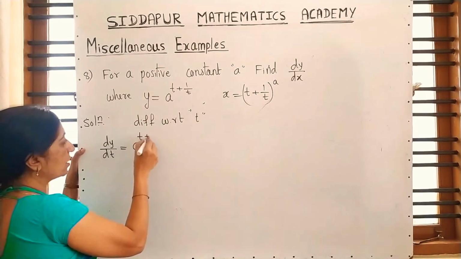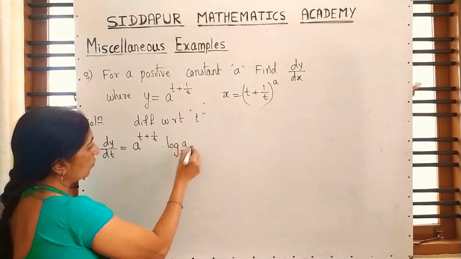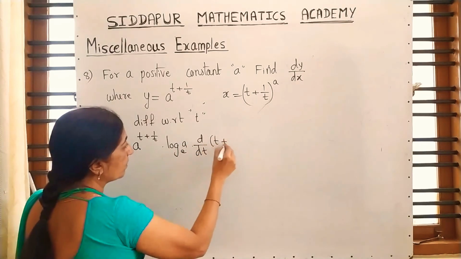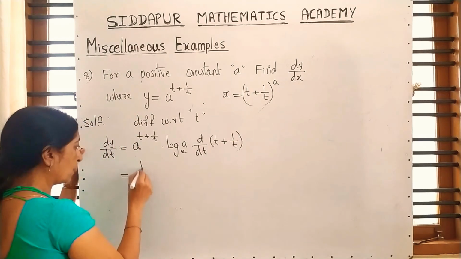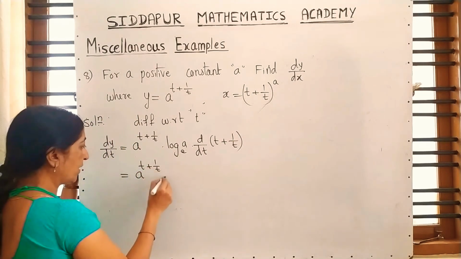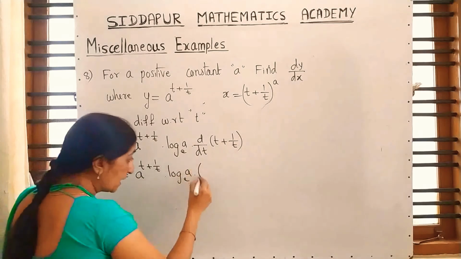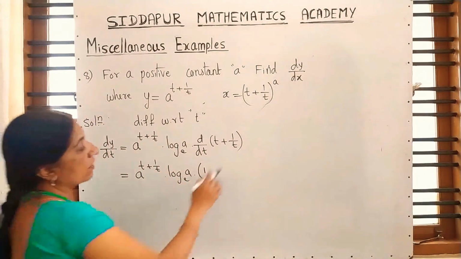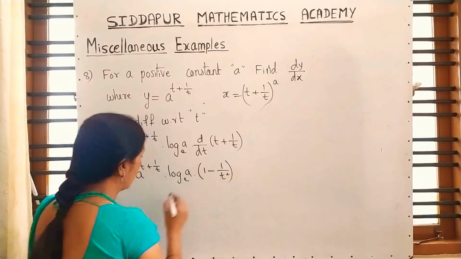A raised to t plus 1 by t into log a to the base e into differentiation of t plus 1 by t. A raised to t plus 1 by t, log a to the base e, in the bracket: differentiation of t with respect to t is 1, differentiation of 1 by t is minus 1 by t square.